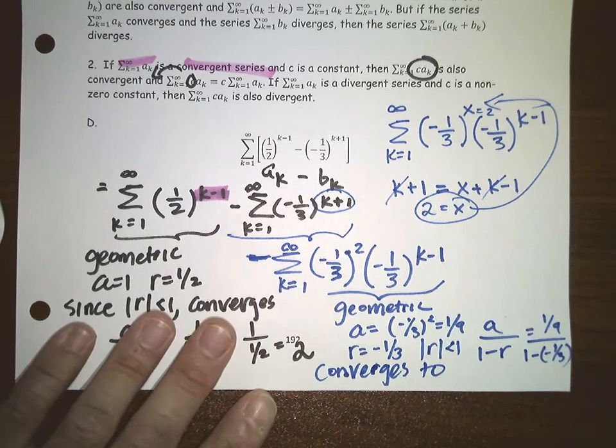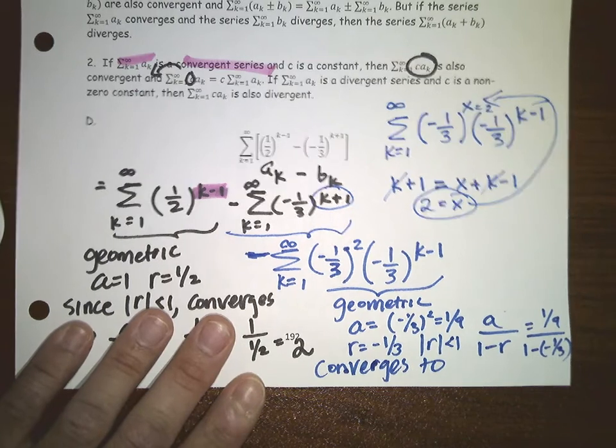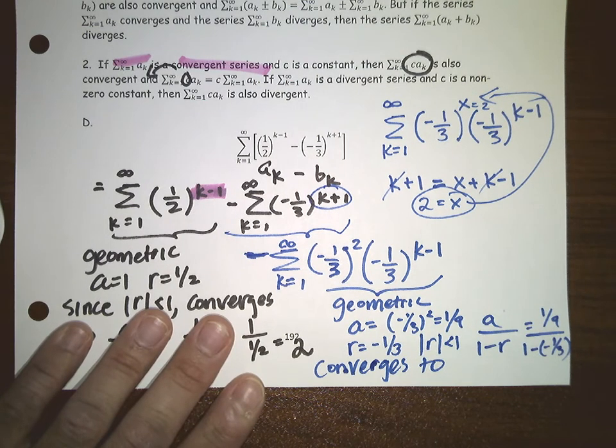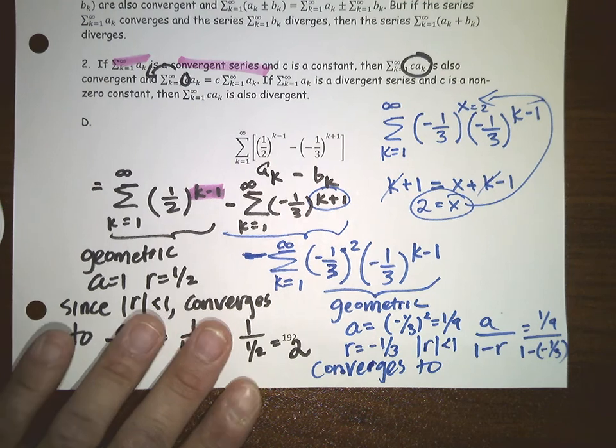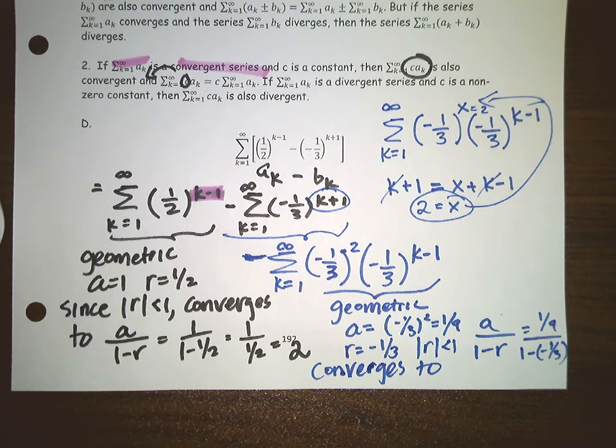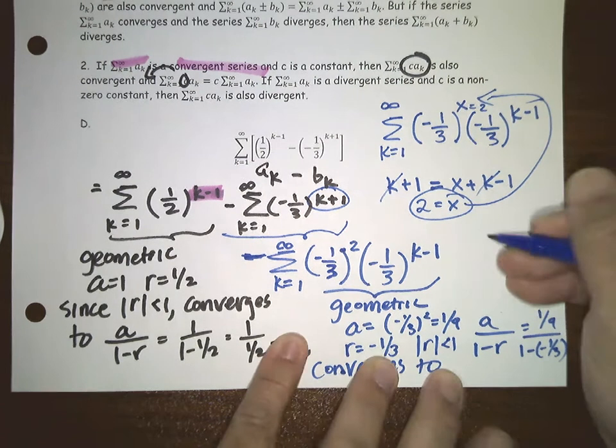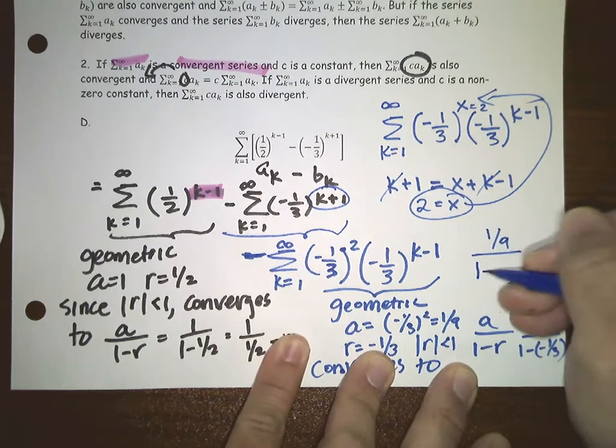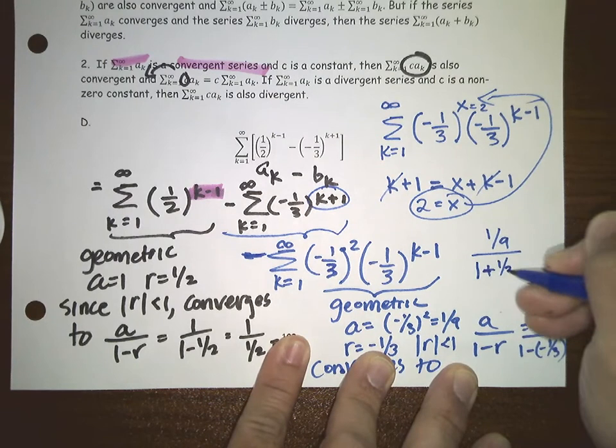So that ends up being, well, oh boy, is it like 20, no, wait, so 1/9 over 1 plus a third.